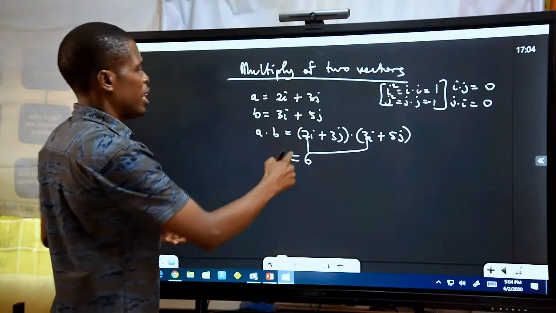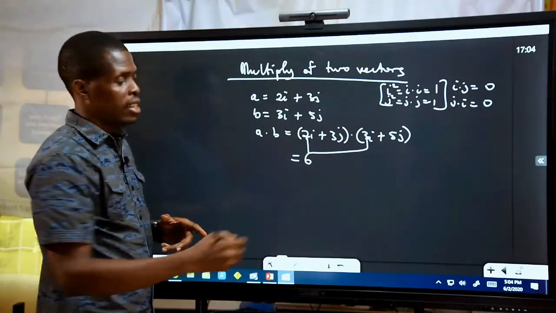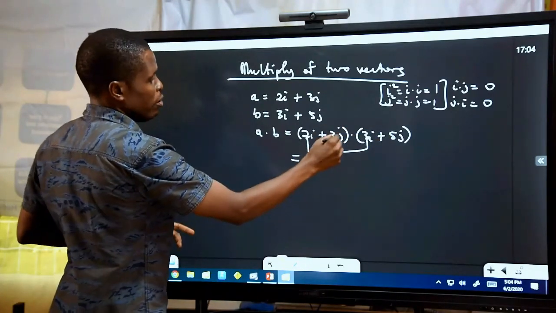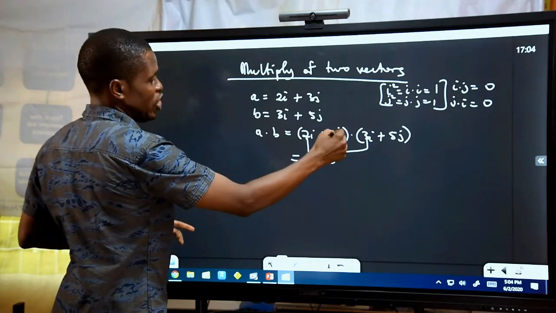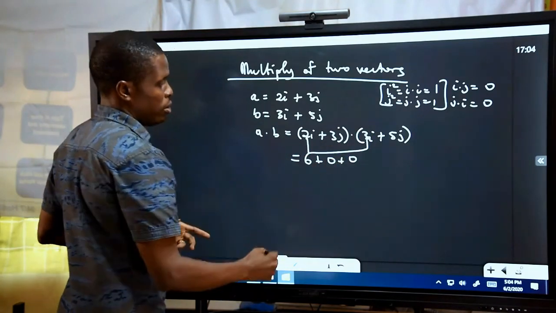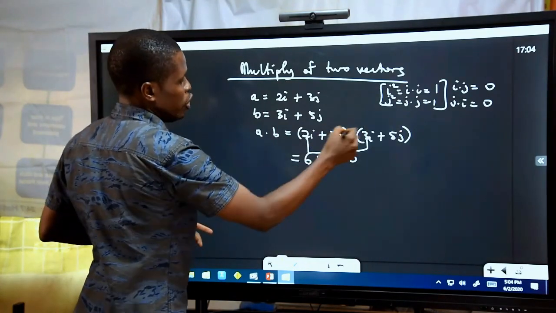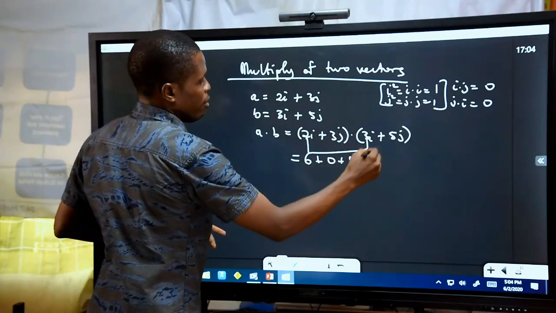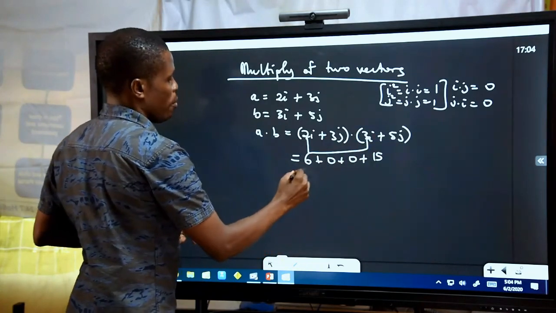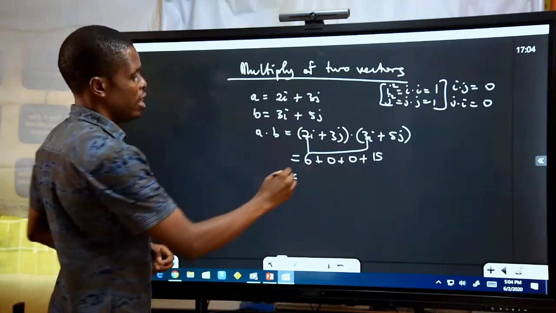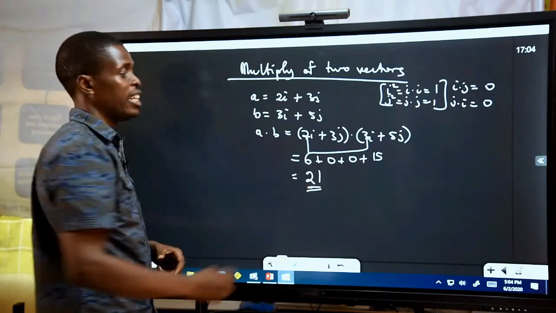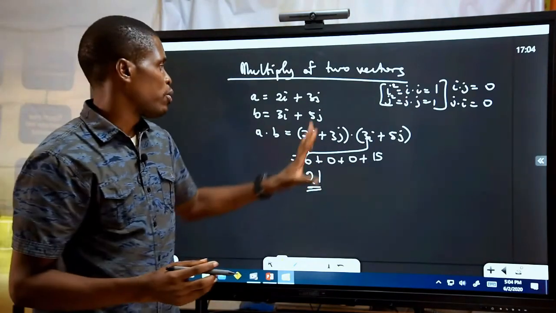So when we multiply 2 multiplied by 5j, it is equal to 0. 3j and 3i is equal to 0. 3 multiplied by 5jj, we have 15. So we add the numbers. 6 added to 15 is 21. So the answer here is 21. So that is for multiplication.